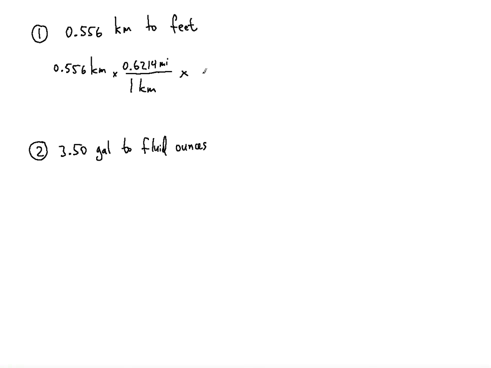Now we're ready to convert between miles and feet. We know that 5,280 feet go into 1 mile. As you can see here, we're going to cancel out the kilometers and the miles, and the only unit that you will have remaining will be the feet.